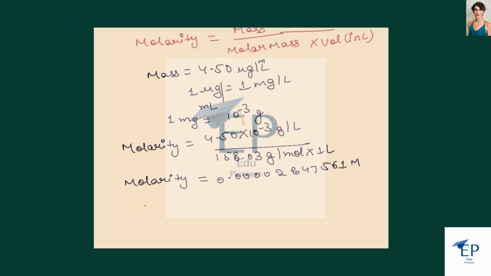Now substituting the values in the Beer-Lambert's law, absorbance is equal to molar extinction coefficient times concentration times path length. Absorbance is 0.5086, the molar extinction coefficient we have to find, the path length is 1.00 centimeter, and the concentration is 0.000284756 molar.